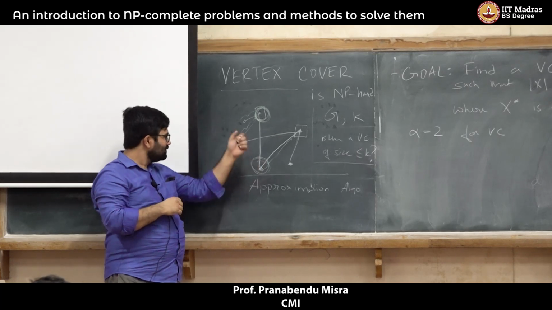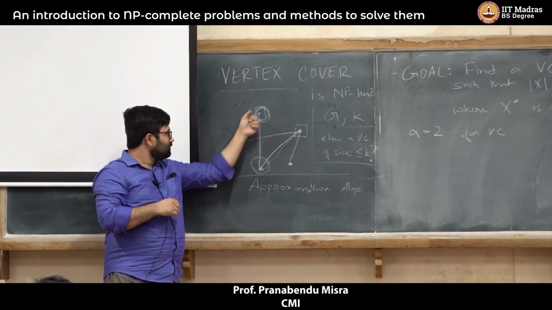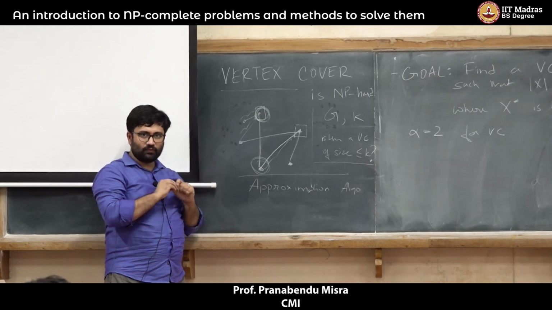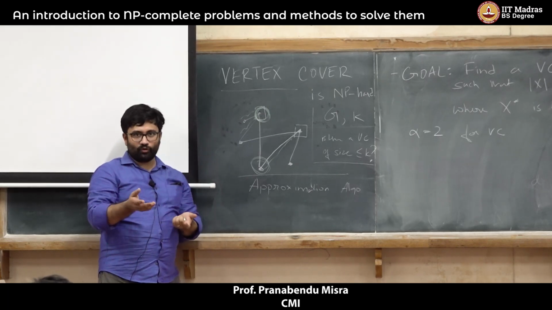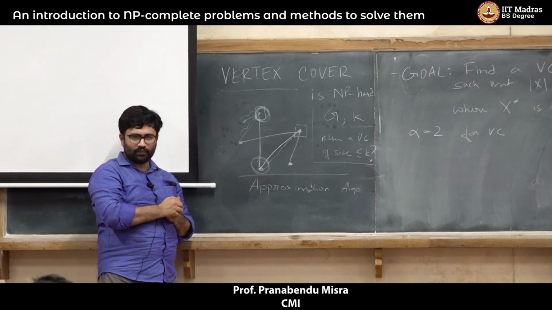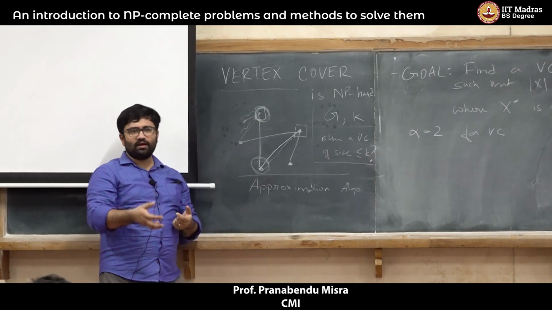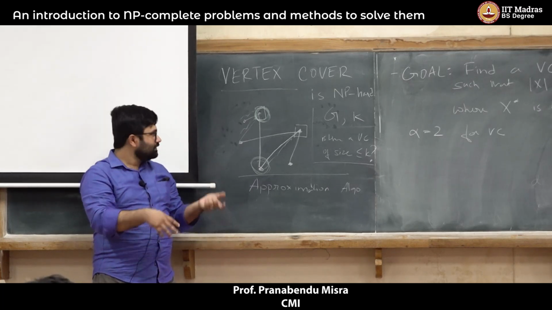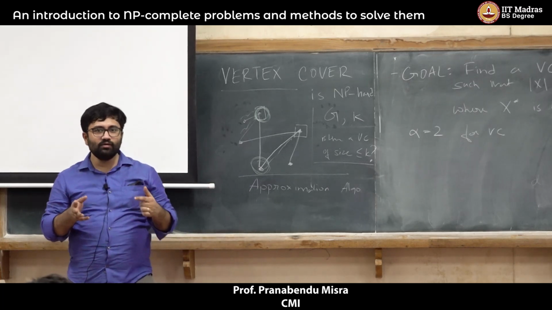So let's delete these two vertices and all the edges incident on one of them. The graph has become slightly smaller, just like your greedy reduction rule. Then in the remaining graph, I find another edge, do the same thing. Find another edge, do the same thing. This will also eventually lead me to a vertex cover.